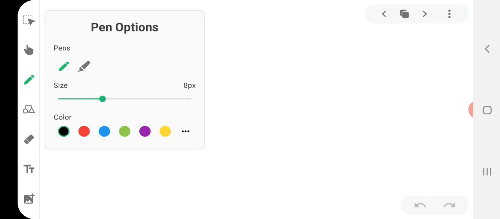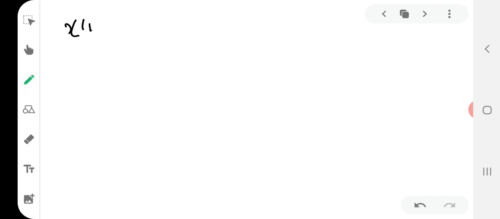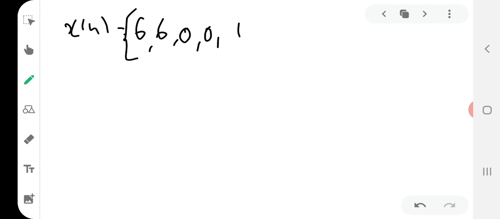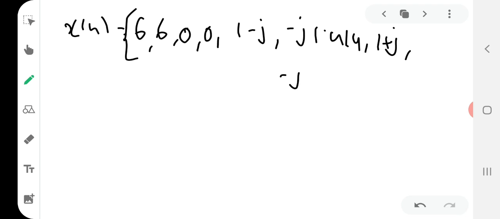Here we can write x of n equal to 6 6 0 0 1 minus j 1.414, 1 plus j, minus j 1.414. Okay, these are the values after the second step.